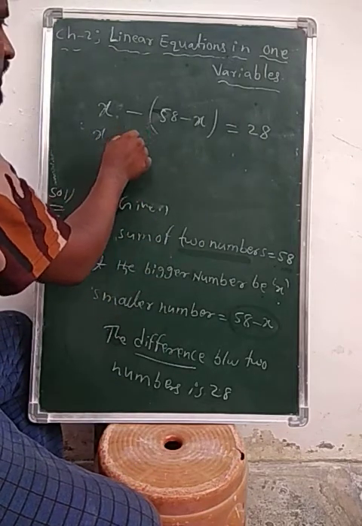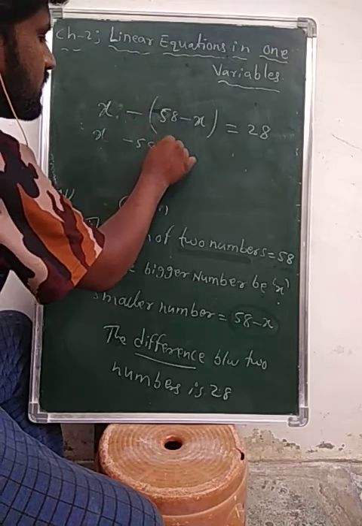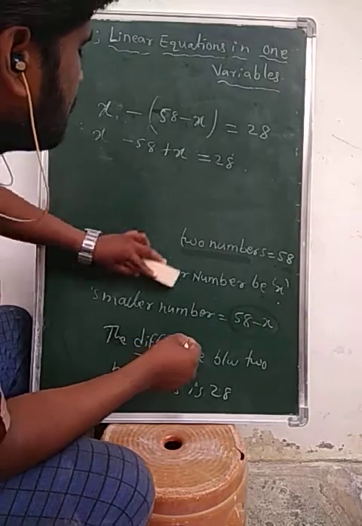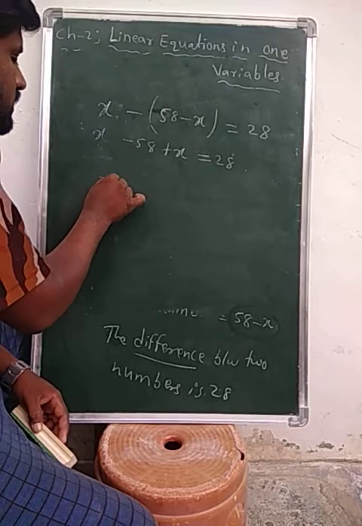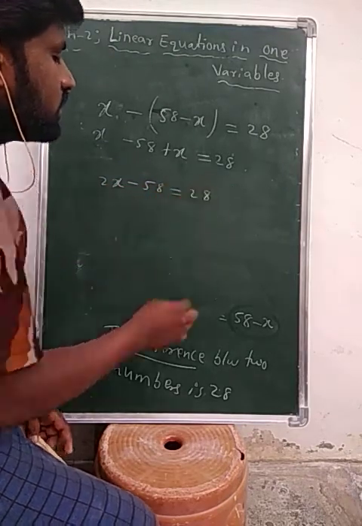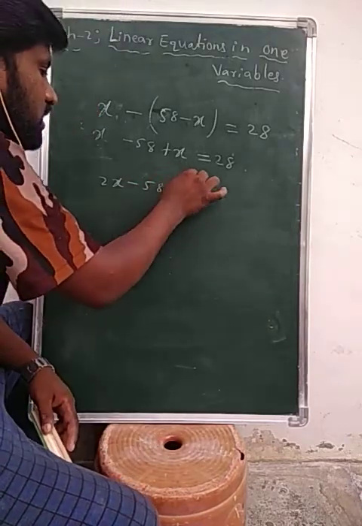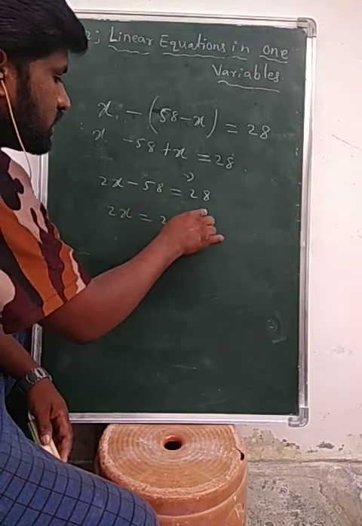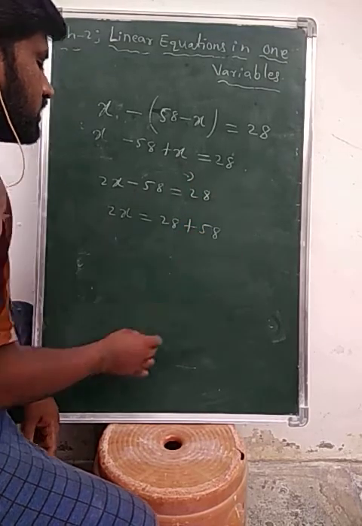x minus of 58, that is minus 58, minus of minus is plus x, is equal to 28. Now x plus x, 1x plus 1x, that is 2x, minus 58 is equal to 28. Now minus 58 transposing to the RHS, it becomes plus 58.